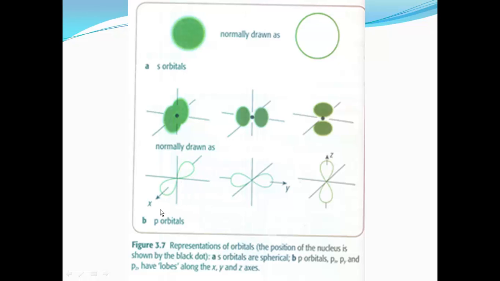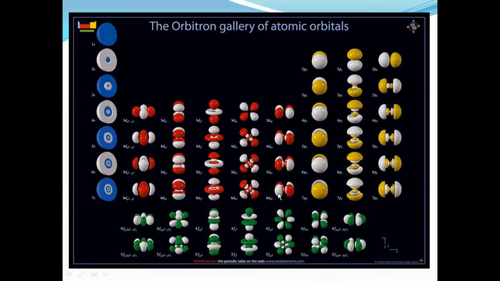Here are some other diagrams of the lobes. You draw a circle for s. The p's are like an infinity sign, just in different axes, x, y, and z. Here are some more diagrams of the orbitals. Here are your alkaline earth metals, because they hold 2 electrons.